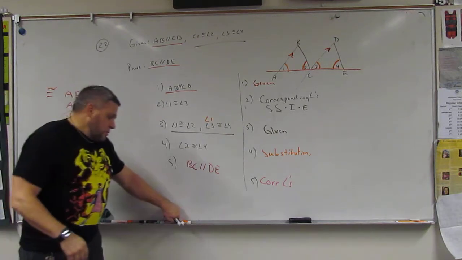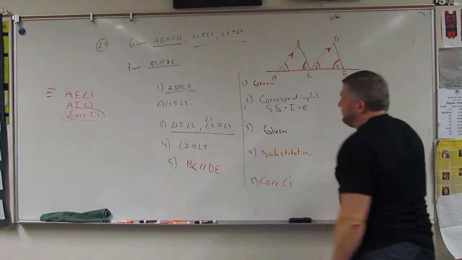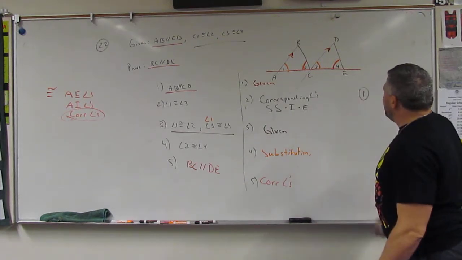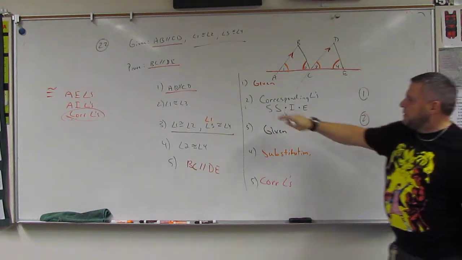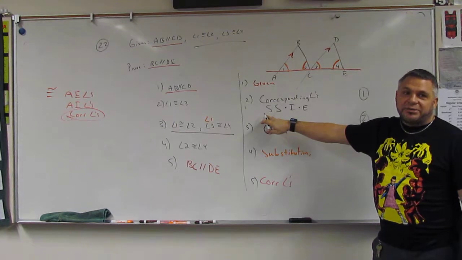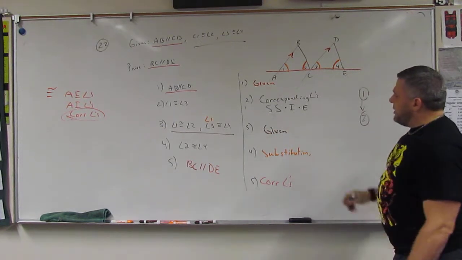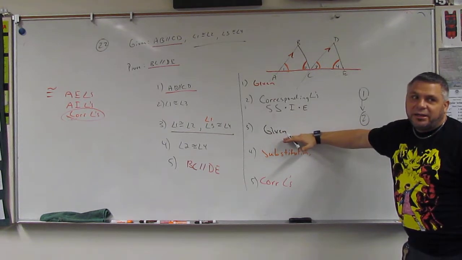Now, the flow chart. When you go from 1 to 2, did you use 1 to get to 2? Did we use the given to get to here? Yes, right? Okay. All right, when we go from 2 to 3, did we use 2 to get to 3?